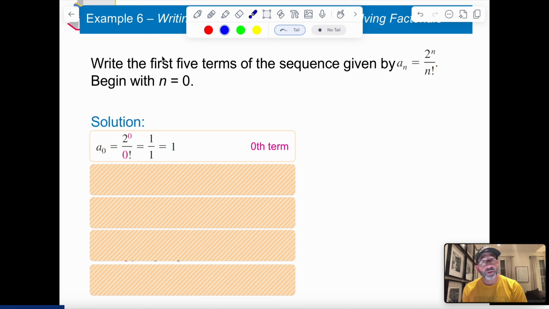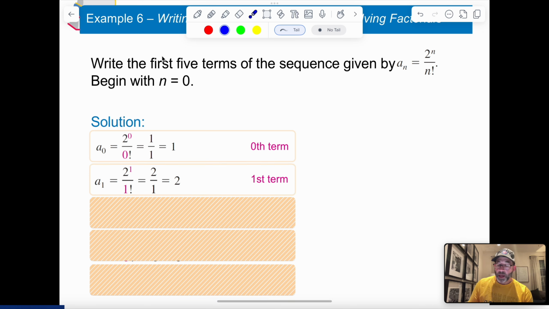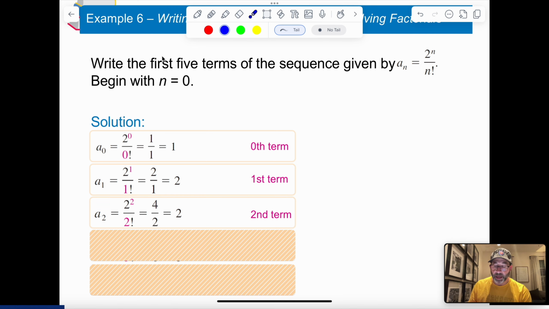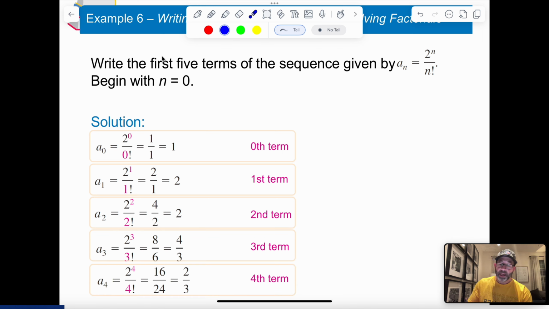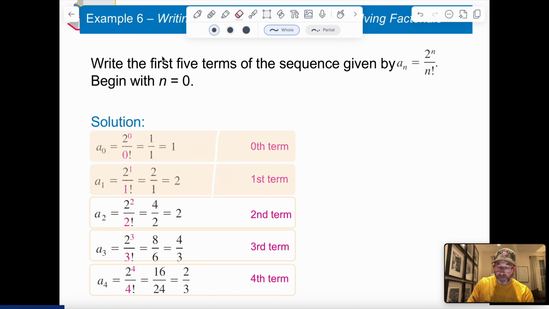We're going to get 2 to the 0 equals 1. 0 factorial equals 1, so 1 divided by 1 is 1. We're going to get a to the first equals 2 to the first over 1 factorial. And we can do this with 2 to the second, 2 to the third, and 2 to the fourth. So whenever we start with 0, and it says that we're going to do 5 terms, you're going to end up with, if you notice right here, a 4 down here.